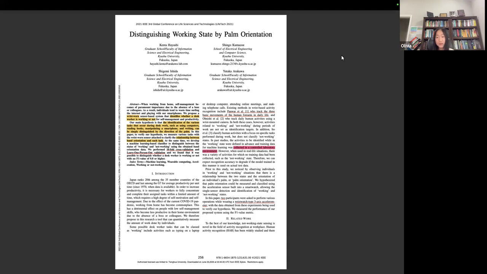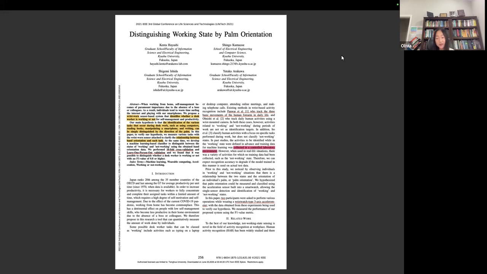This model, therefore, is too undergeneralized, considering that the subjects may have had peculiarities or may have performed activities differently than others. For example, many people may have different hand positions when they read a book or have different postures when they attend an online meeting or use a smartphone.